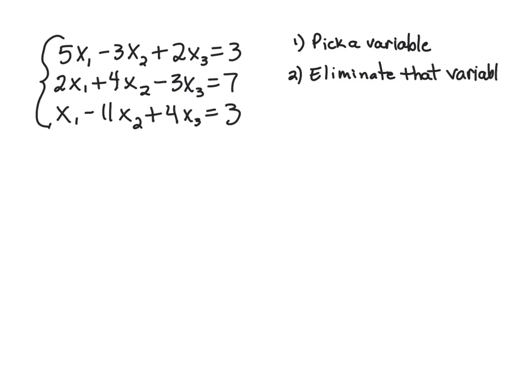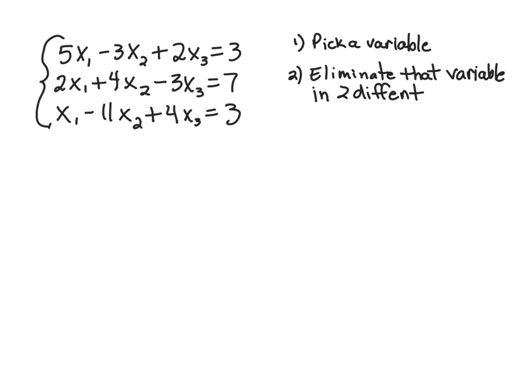This is very important. If I eliminate the variable 2 different ways, that gives me now 2 brand new equations that only have the other 2 variables. So you get a 2 by 2 system, which is easy to solve.